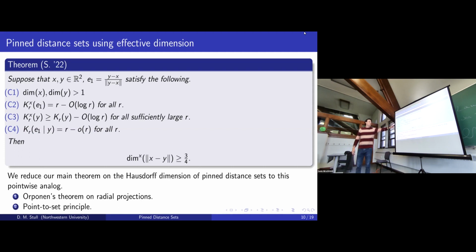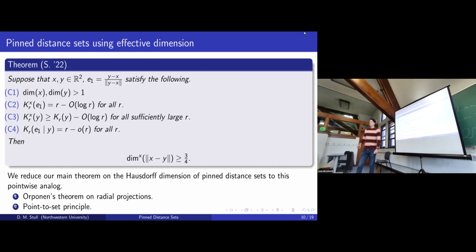We also require y to be independent of x, which means x contains no information about y, and then we require y to contain no information about the direction. So we want the complexity of x and y and e to be large, and we want them all to be independent of each other, so no two things contain any information about each other. This is a very strong condition, and that's why the reduction requires some work.